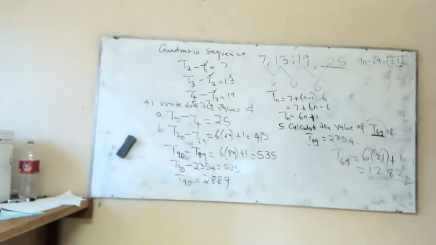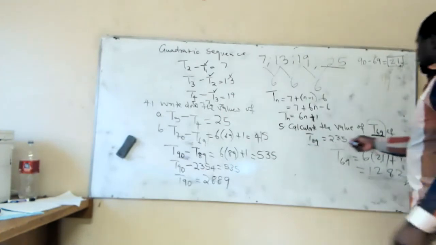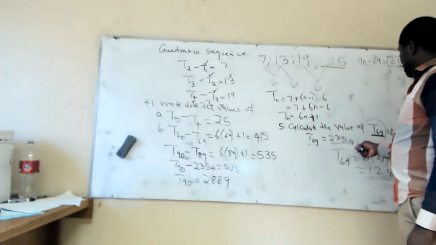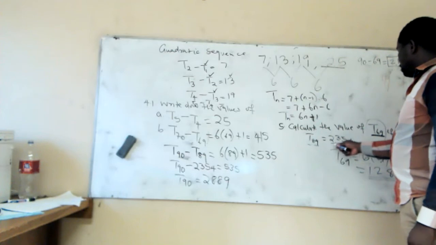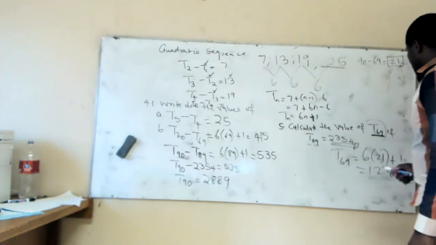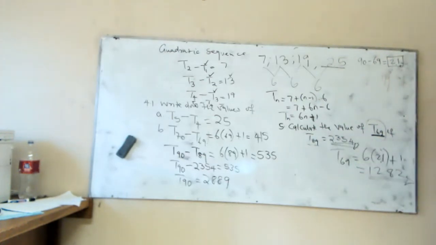Sir, I think you made a mistake. T89 is equal to 23,594. Yes, it's this one. T89 is given, eh? Yeah, but there's no 9 there. You mean on which one?